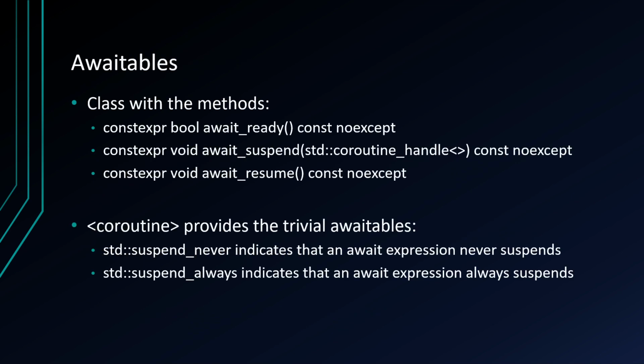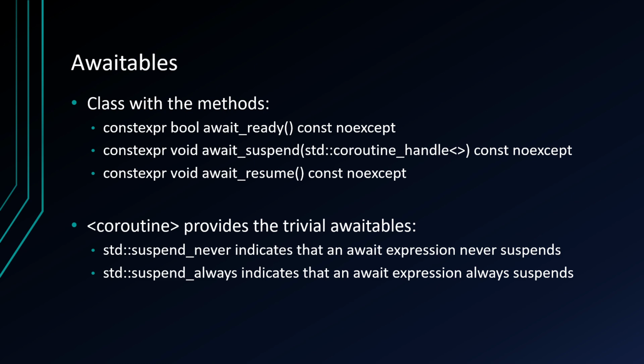So an awaitable is really just a class with three methods: await ready, await suspend, and await resume. Await ready returns a bool saying whether or not this thing is suspendable, whether it is ready to wait.